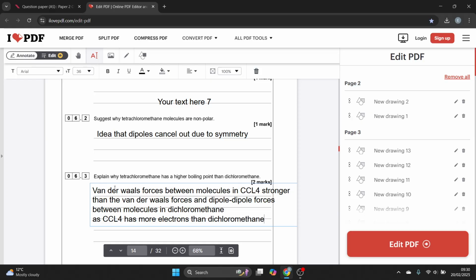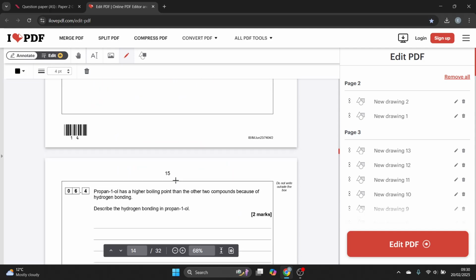So van der Waals forces between molecules in tetrachloromethane are stronger, because more electrons.